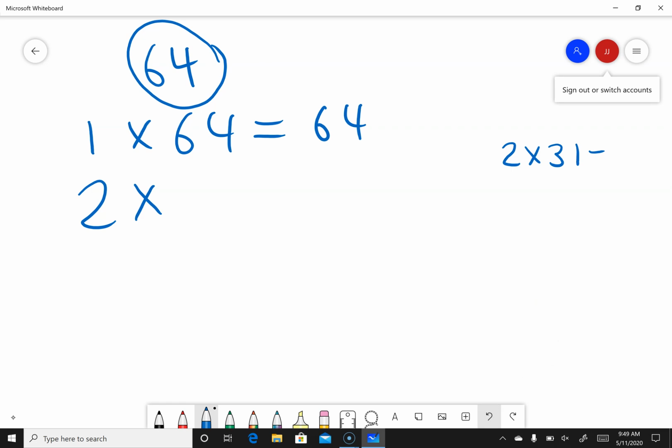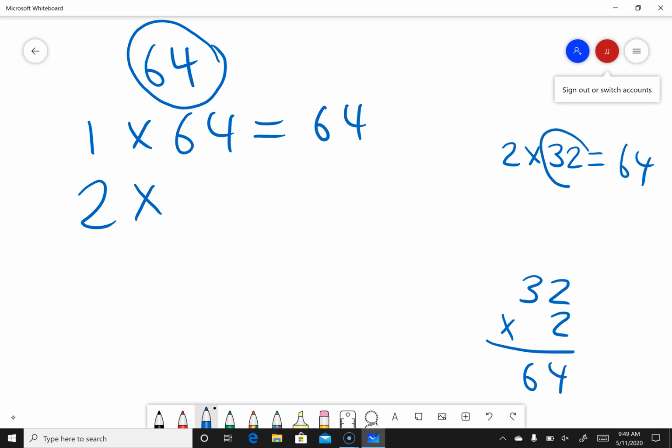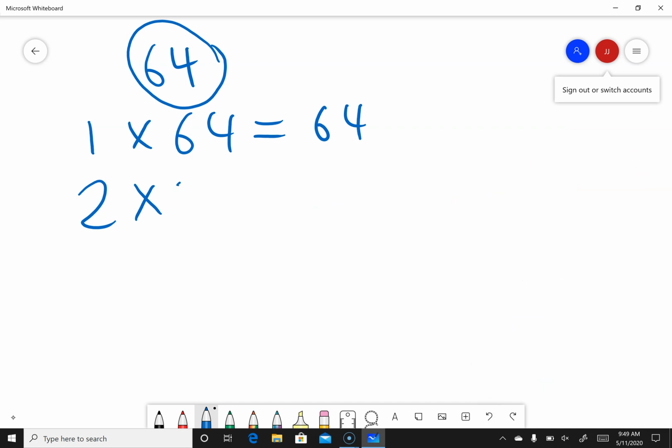How about I could try out 32. 2 times 32 equals, well, let's see here. 32 times 2. 2 times 2 is 4. 3 times 2 is 6. Oh, yes, that's it. 64. So that means that 32 is one of my factors. So I'm going to put that over here. 2 times, I'll erase these first. 2 times 32 equals 64.